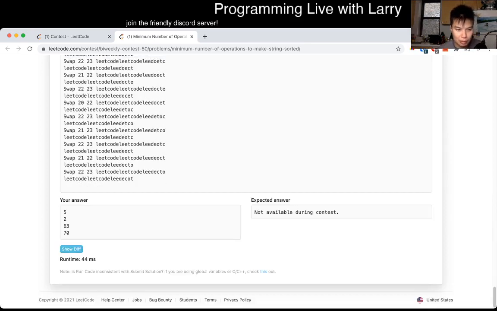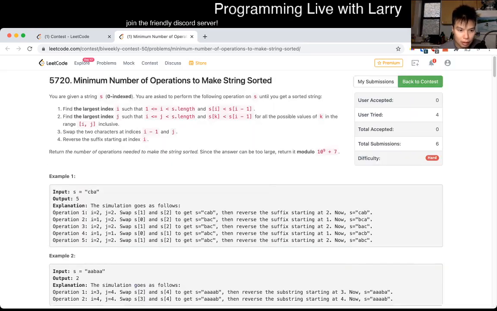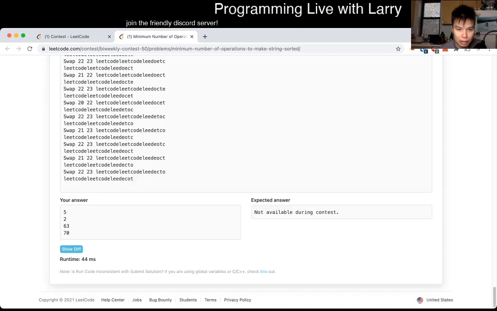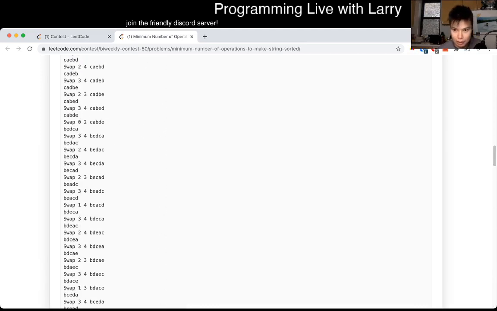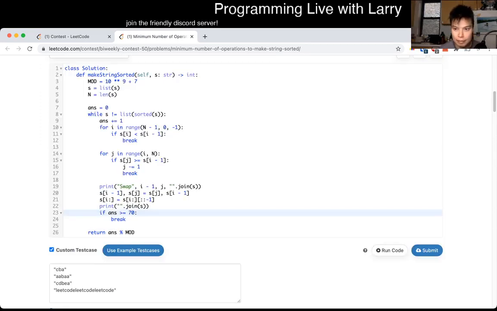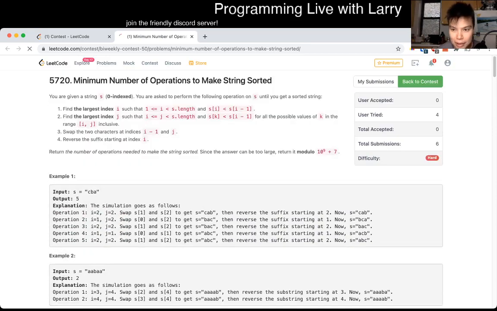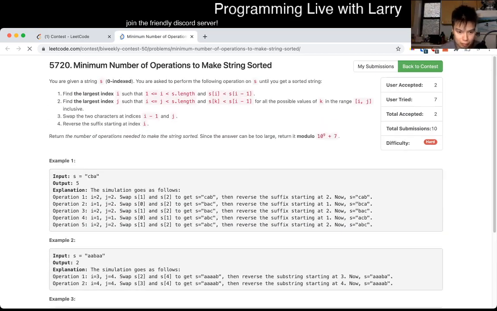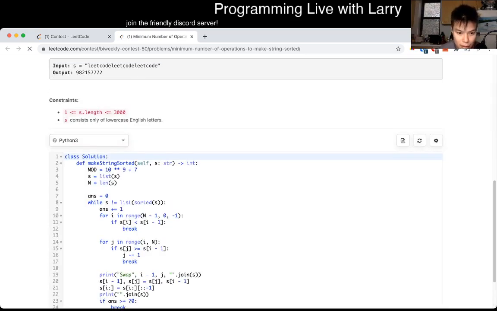Yep, 63, 5263. Okay, so then now we can see what Leetcode is doing and see if we could skip steps. Okay. And people solved it yet? 2 people solved it. Let's see.